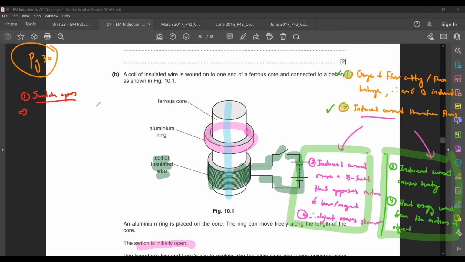Switch is open. No current flows through the coil, right? No current flows through the solenoid, right? So when the switch is open, you have no B field, right?